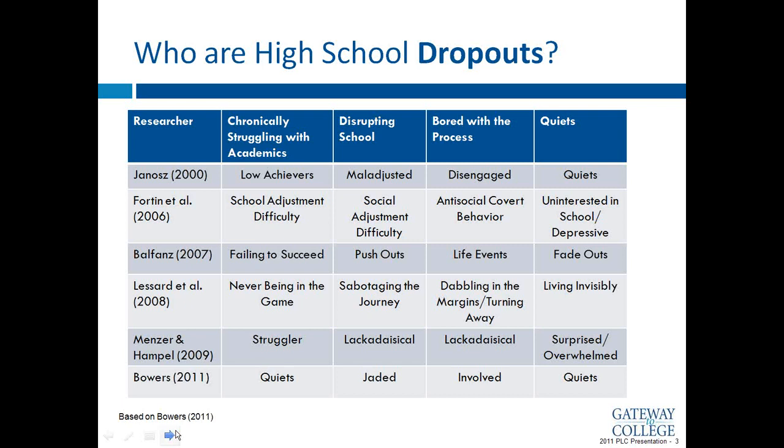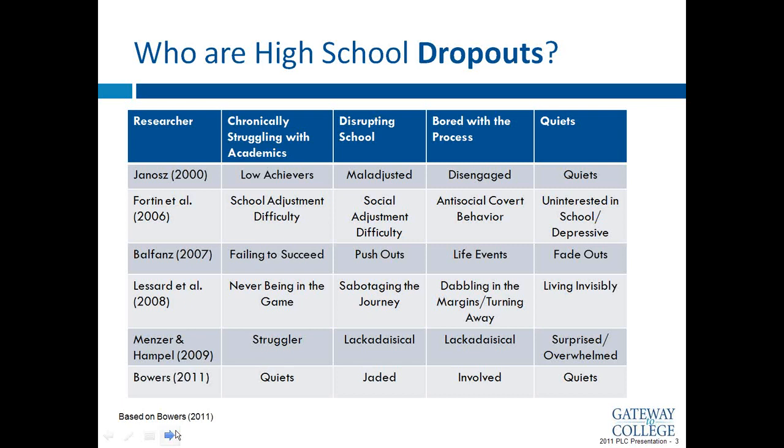So here, just to give us a little sense of how that research has been going, Janosz in 2000 is research that's cited quite a lot. You'll see that reference. He looked at a Canadian sample, used a statistical technique called clustering, and came up with these 4 groups.